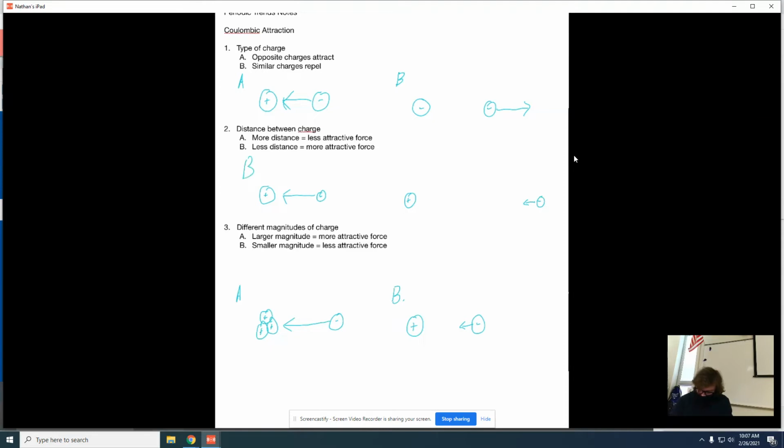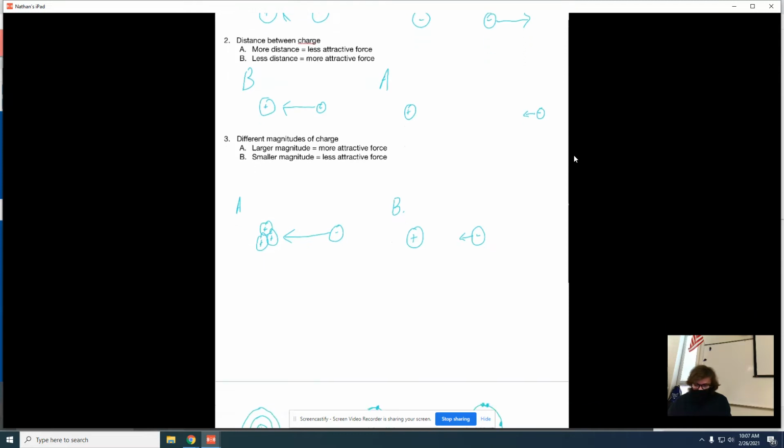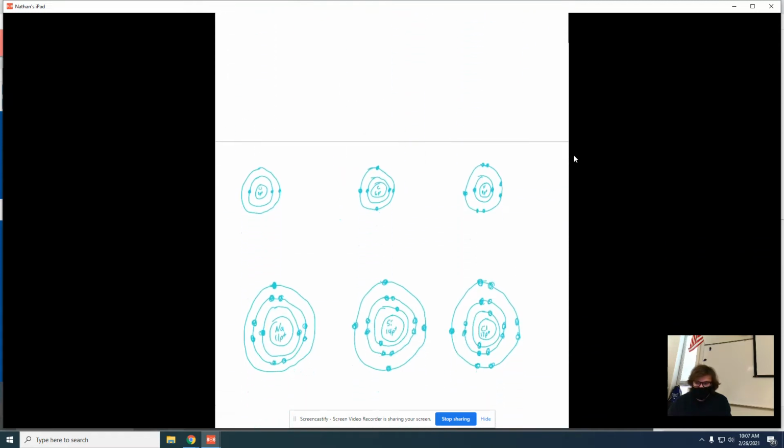This is really picture B and picture A. And then the difference in magnitude. So if there's a larger magnitude, there's going to be more attraction. If there's a smaller magnitude, there's going to be less attraction. Sorry, I'm not going to go back and switch these two pictures around. The bell's about to ring, so I'm going to try to finish this one off.